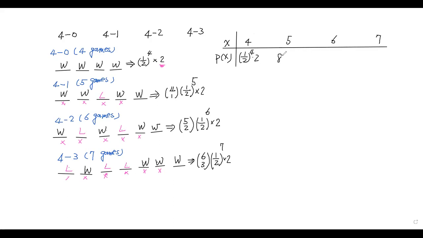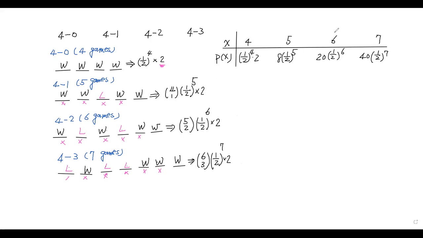Then you can say this is 1/2 to the 5th. 5 choose 2 is 10, 10 times 2 is 20. Then 1/2 to the 6th, and 6 choose 3 is 20, 20 times 2 is 40, and 1/2 to the 7th here.